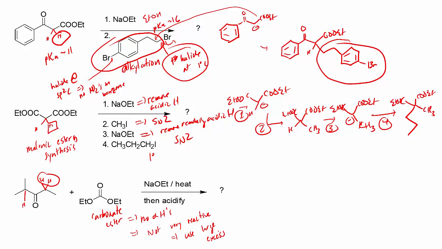Okay, but what's going to happen here is that, like before, we're going to remove the acidic hydrogen on this side. Again, only on that side can we form the stable anion. We're going to add to the carbonyl group of diethyl carbonate.